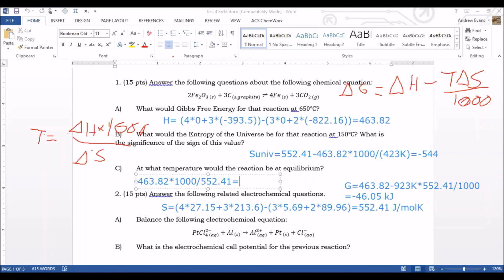You'd say this is never at equilibrium, or it will never be non-spontaneous. So the temperature at which this is going to be spontaneous is 839.6 Kelvin, which if I subtract 273 is going to be 566. So 566 is the minimum temperature you need to make this reaction go.